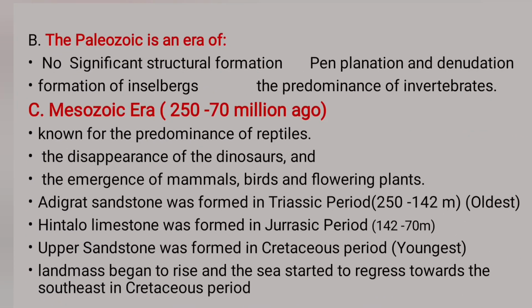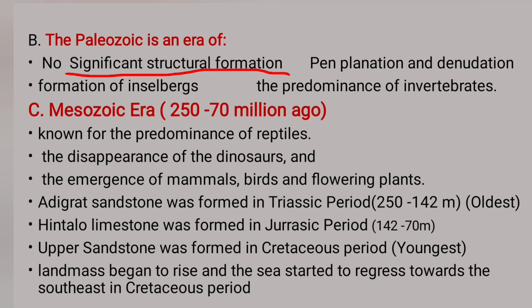The second oldest era is the Paleozoic era. In this era, there is no significant structural formation, but peneplanation and denudation take place. Peneplanation is the leveling of the Earth's surface, whereas denudation is the lowering of the Earth's surface.